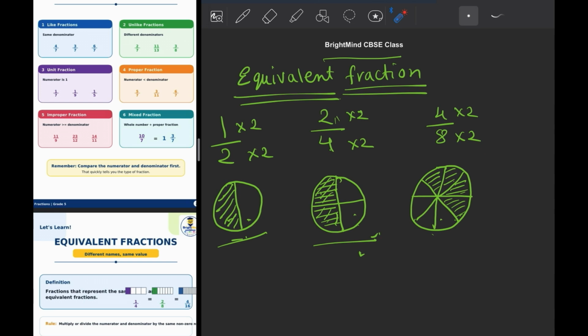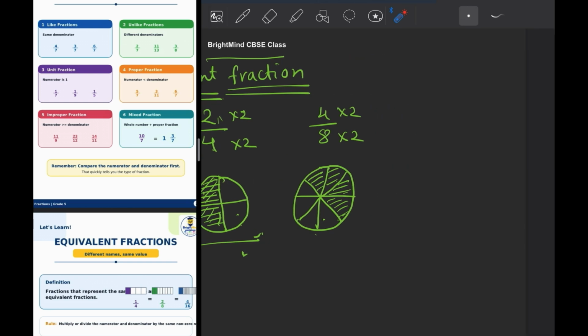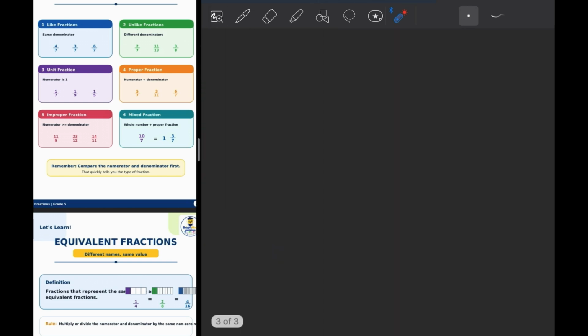Let's take one more example. I will write here 3/4. As we did the same way, if we multiply the numerator and denominator by the same number, we will get an equivalent fraction. Suppose we multiply the numerator and denominator by 7.